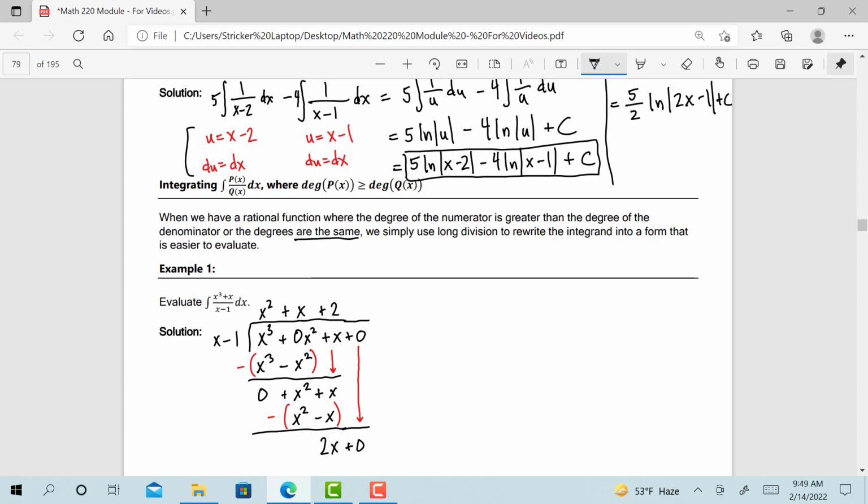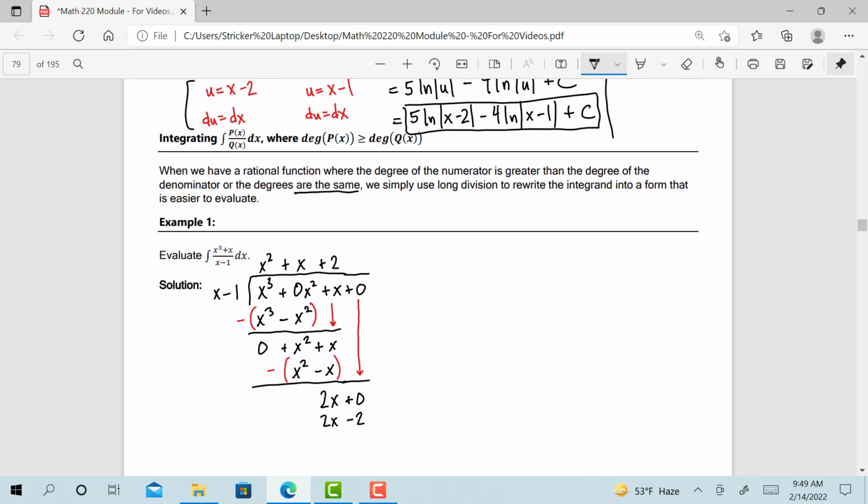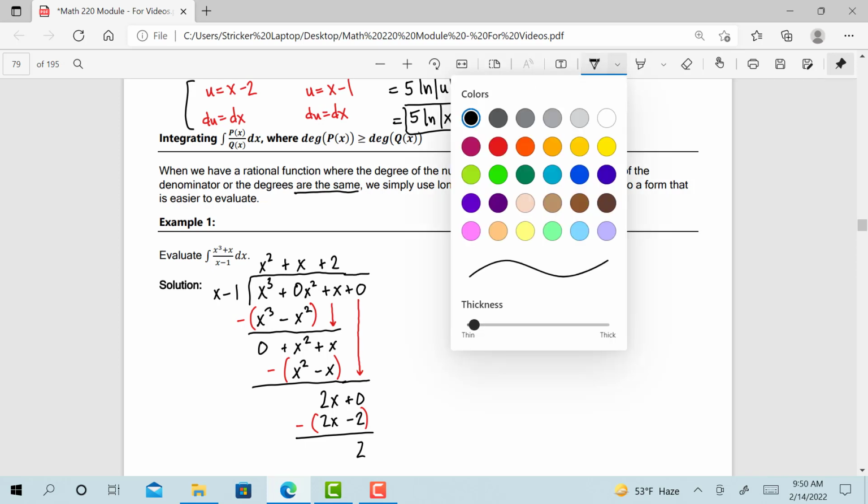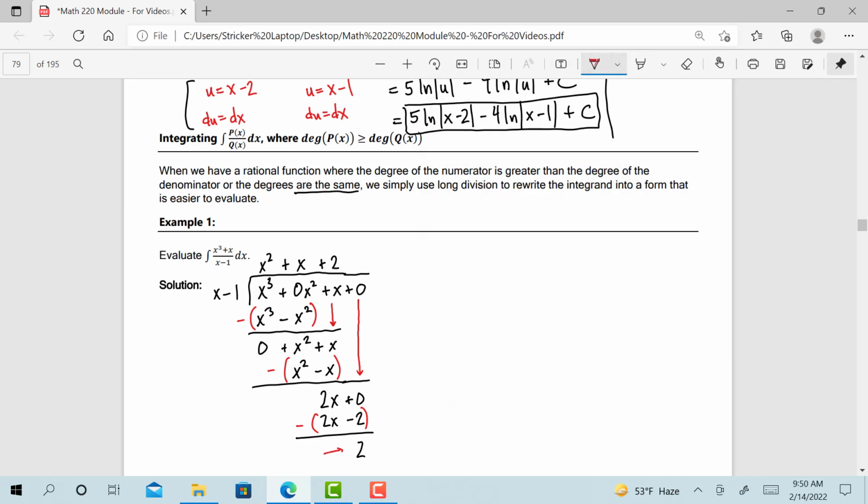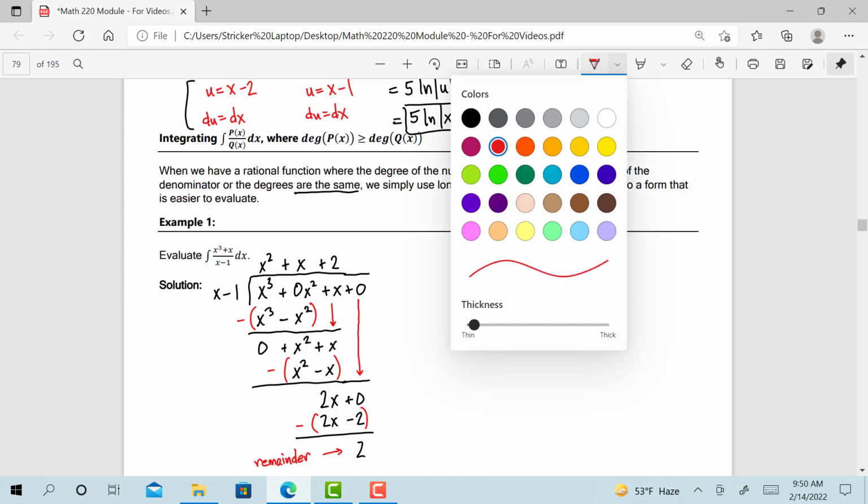So distribute: 2 times x is 2x, and 2 times negative 1 is negative 2. And then one last time, we're going to subtract. 2x minus 2x cancels, and then 0 minus a negative 2, we get positive 2. And that's our remainder. That's as far as we can go.